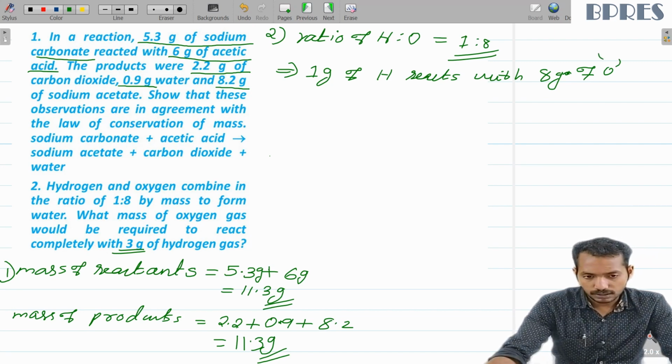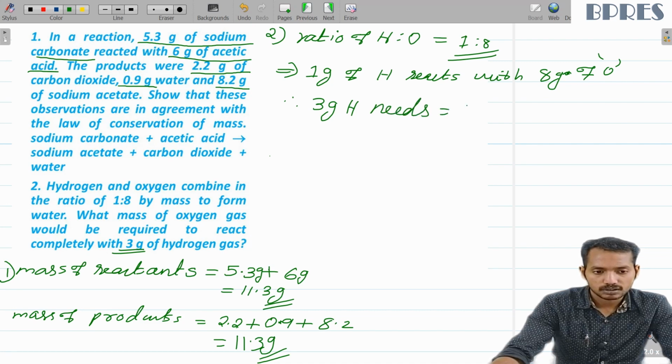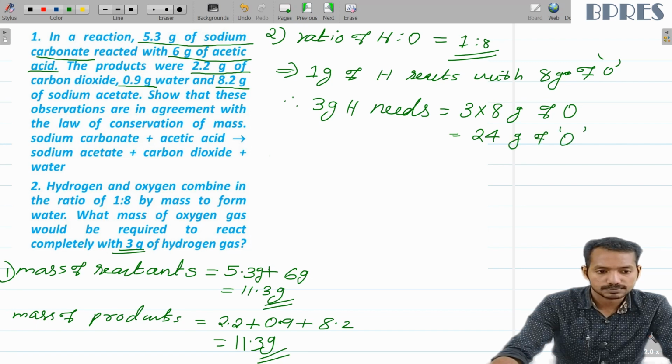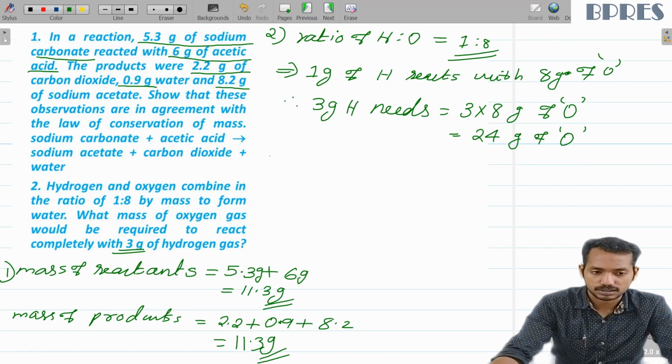Clear? Therefore, 3 gram of hydrogen needs 3 into 8 gram of oxygen, which is equal to 24 gram of oxygen. Very simple, direct proportion, just a concept of proportion, ratio.